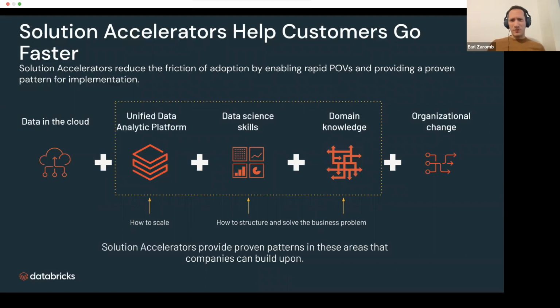Really what solution accelerators were designed to do is that oftentimes, many of our customers have a very specific data and AI problem. But it does require a certain amount of business expertise or industry knowledge to get it to production. It's not like a generic build an AI model.